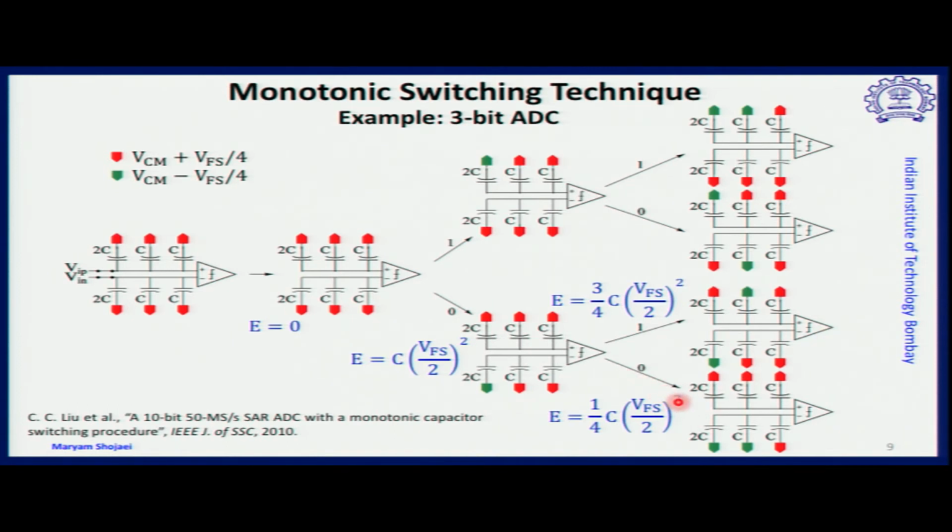Similarly, if the output is 0, that means we have to further continue with reducing the effect of VXN, which is done by connecting the second capacitance in the row, which is capacitor C, to VCM minus V full scale by 4. And as you notice, the energy consumption is less than C V full scale by 2 whole square: in one case it is 75% of it, and in the other case 25%. So energy consumption has reduced.